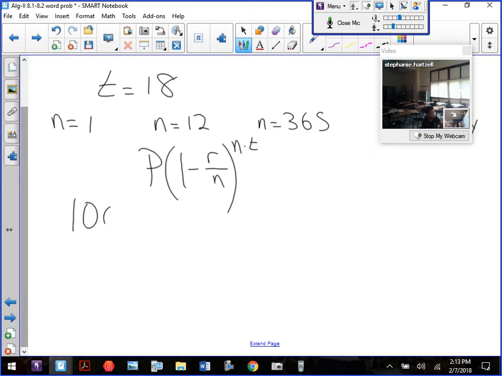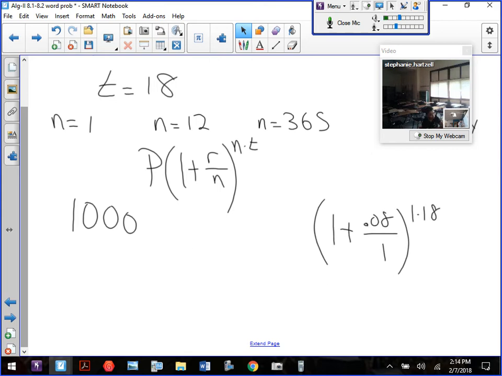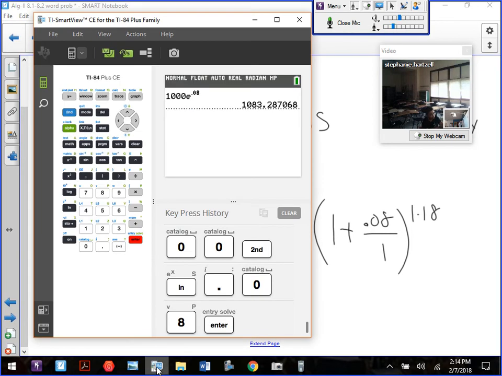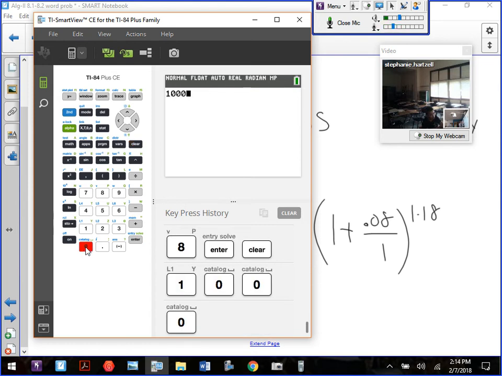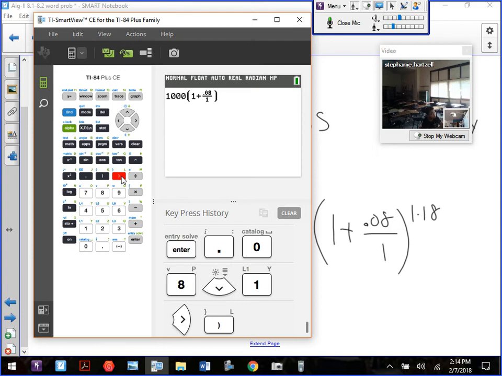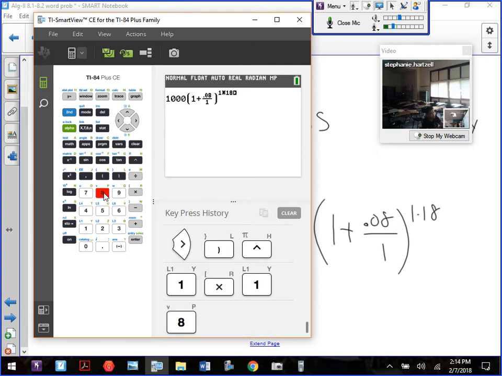I type in 1,000, parentheses, 1 plus 0.08 over 1, close my parentheses, to the 1 times 18, and I hit enter.